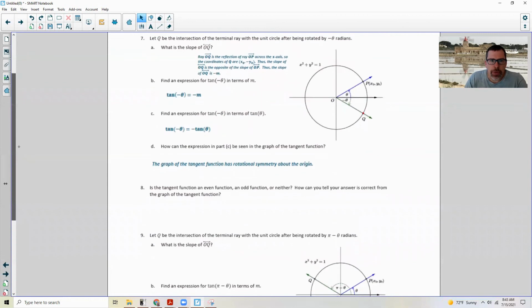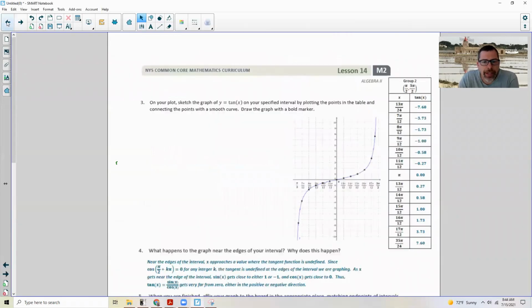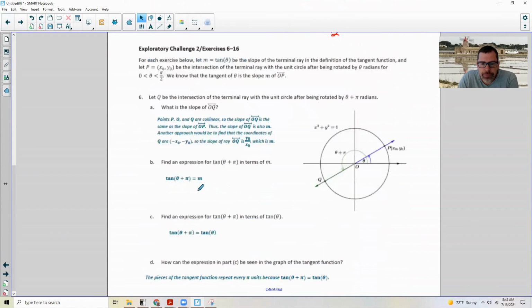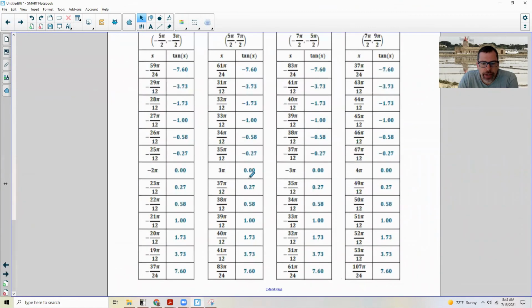All right, so keep in mind that when we have an even function, then it's a reflection across the y-axis. And if it's an odd function, it's a reflection across the origin. All right, so let's go back and look at that graph. Where is my tangent graph?